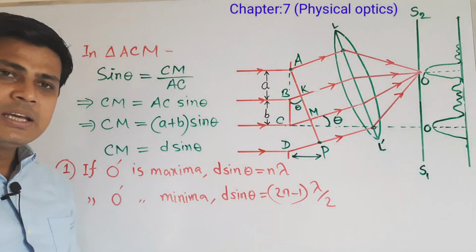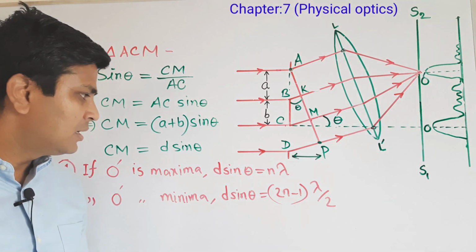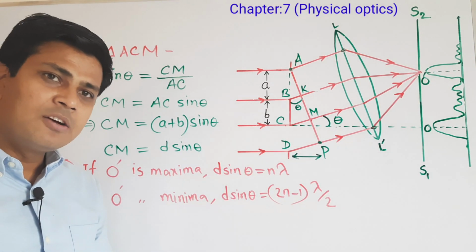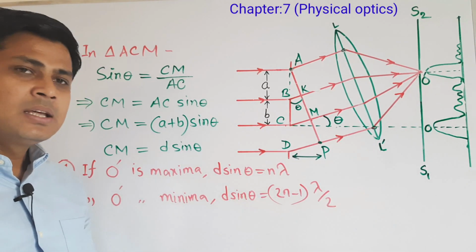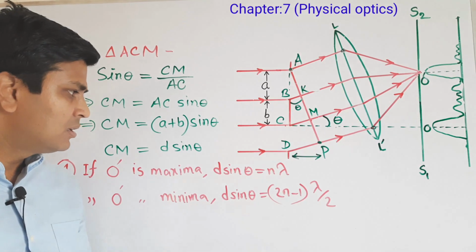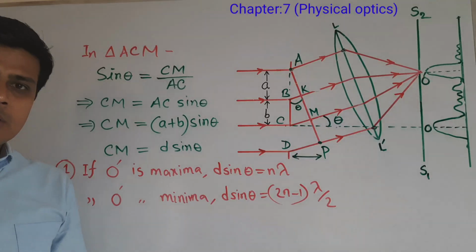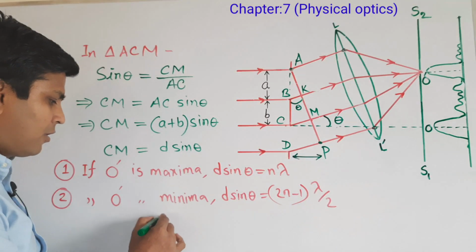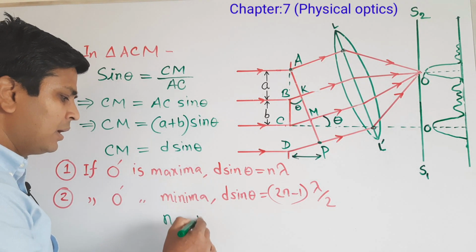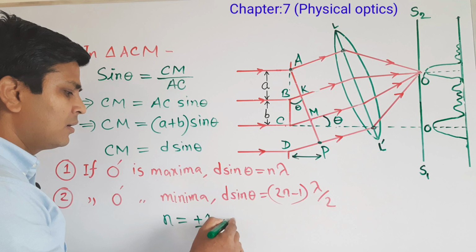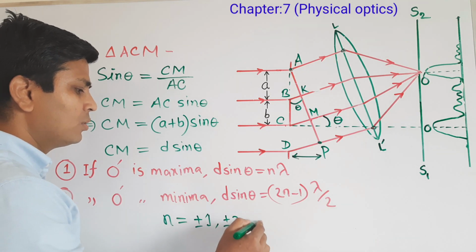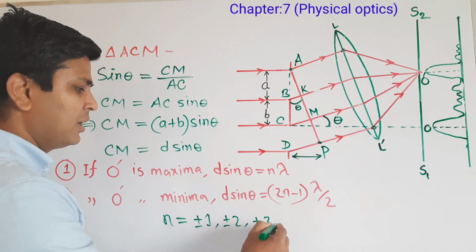Here D is the grating constant, theta is the angle of diffraction, n is the order number, lambda is the wavelength. Here the order n will be plus minus 1, plus minus 2, plus minus 3, and so on.